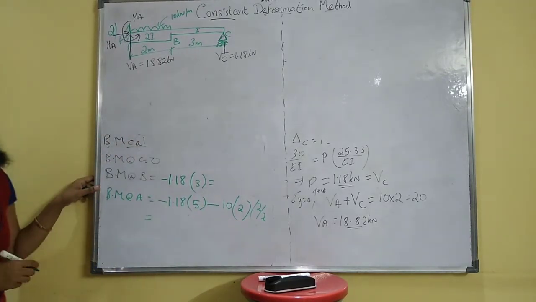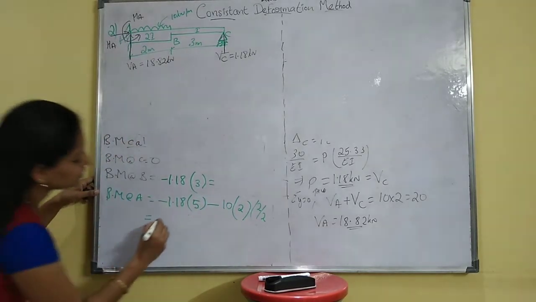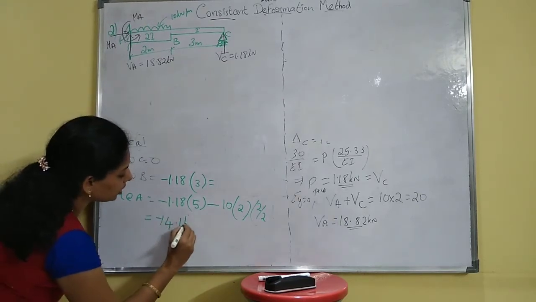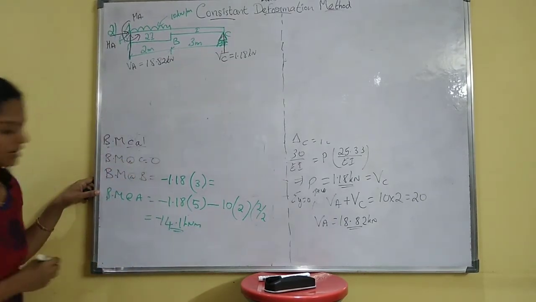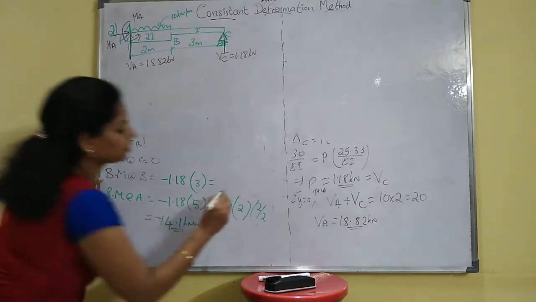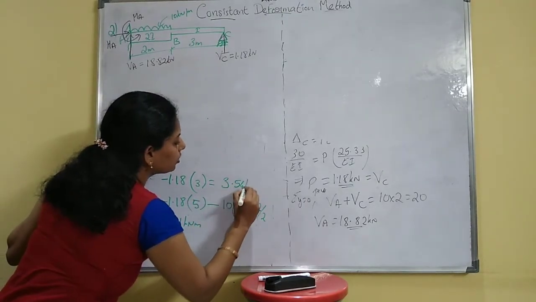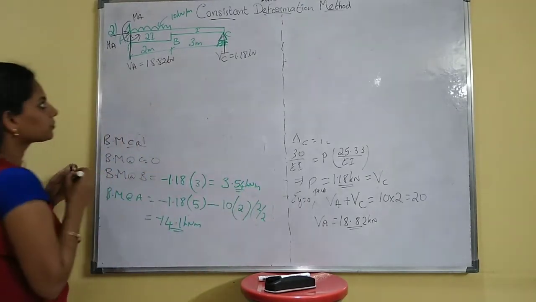Just calculate: bending moment at A is equal to minus 14.1 kilonewton meter and at B is equal to 3.54 kilonewton meter.